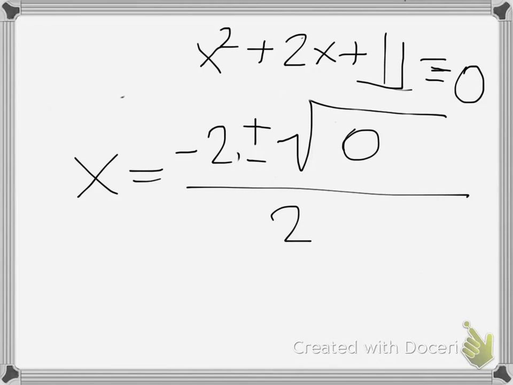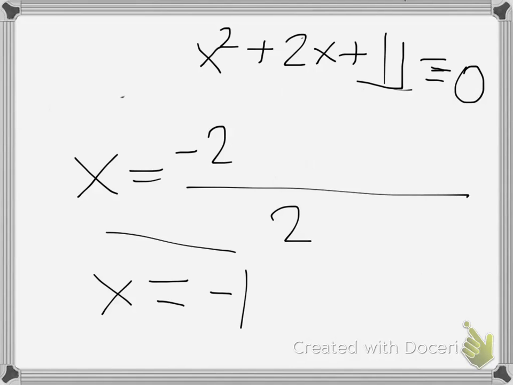This cancels out to 0. Square root of 0 is 0. Okay. So it's negative 2. So that 0 is gone. So the answer is negative 2 over 2, which is negative 1. So x equals negative 1.